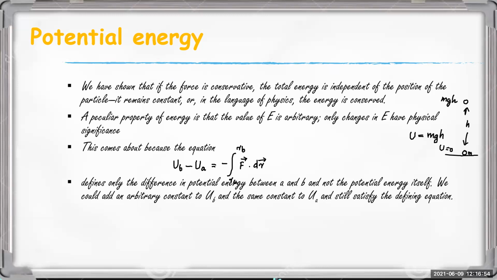Then actually, if the classroom is at a height of something like 10 meters from the nearby ground, this point may have some potential energy, some constant c.